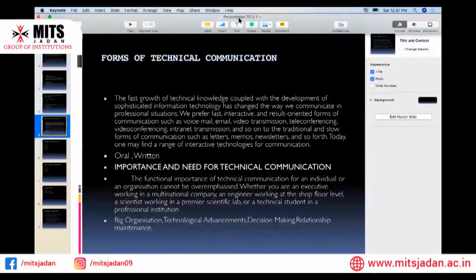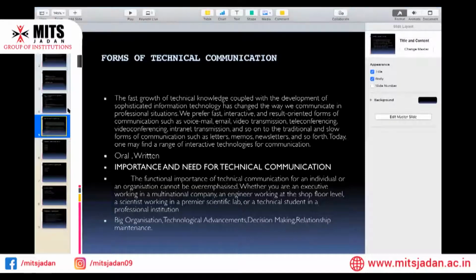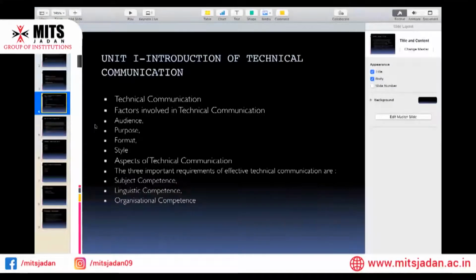And after that, let me actually open that slide also. I hope that will be good for you simultaneously. So yeah, and the organizational competence, like how to organize the data. Sometimes we commit so many errors in arranging the sentences.